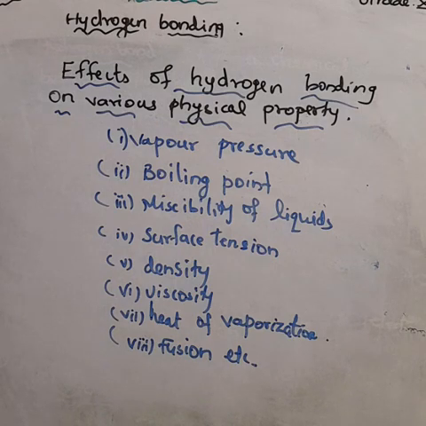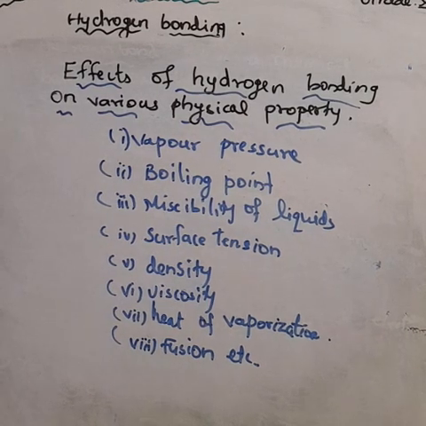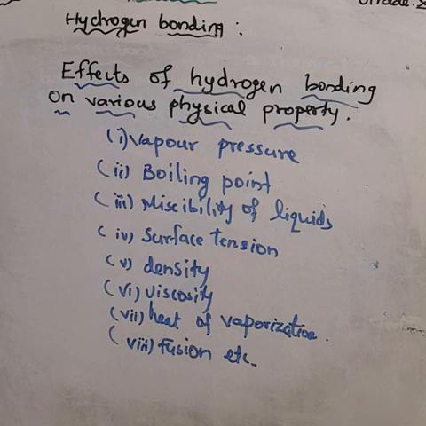That is boiling point, vapor pressure, miscibility of liquids, for example water and methanol, and surface tension, densities, viscosity, heat of vaporization and fusion, etc. These are the physical properties. We will study this in detail in our higher classes.